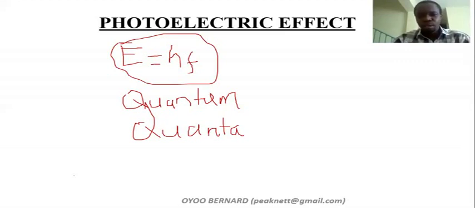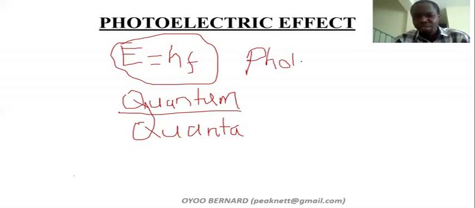So this quantum is what I'm relating to the matchbox. And then the matchstick is the photon. The photon is the matchstick in the matchbox. So that matchstick has energy.